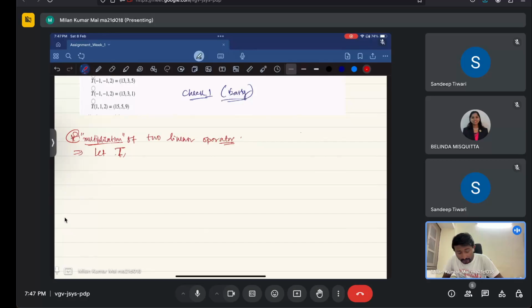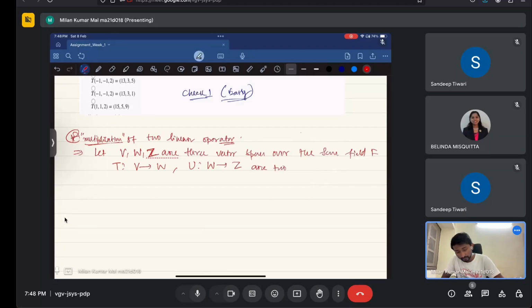Let V, W, Z be three vector spaces over the same field F, and let T from V to W and U from W to Z be two linear operators.